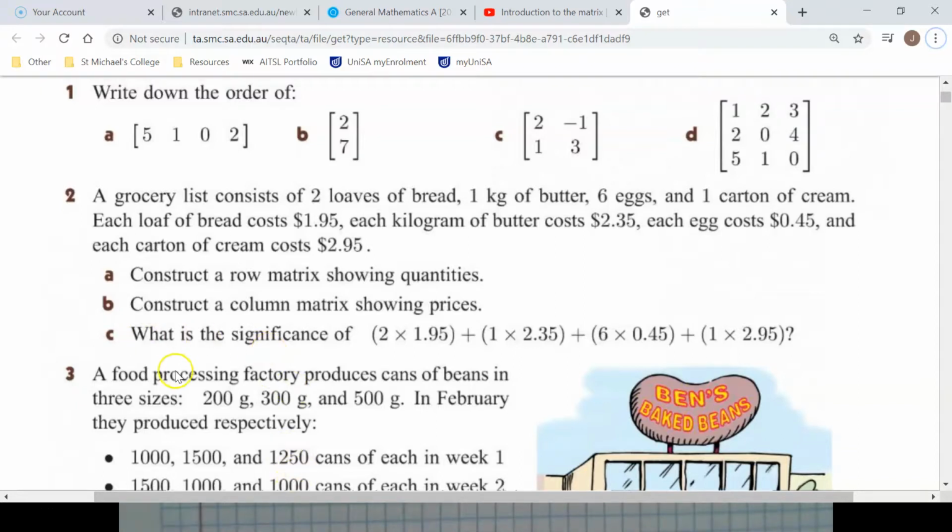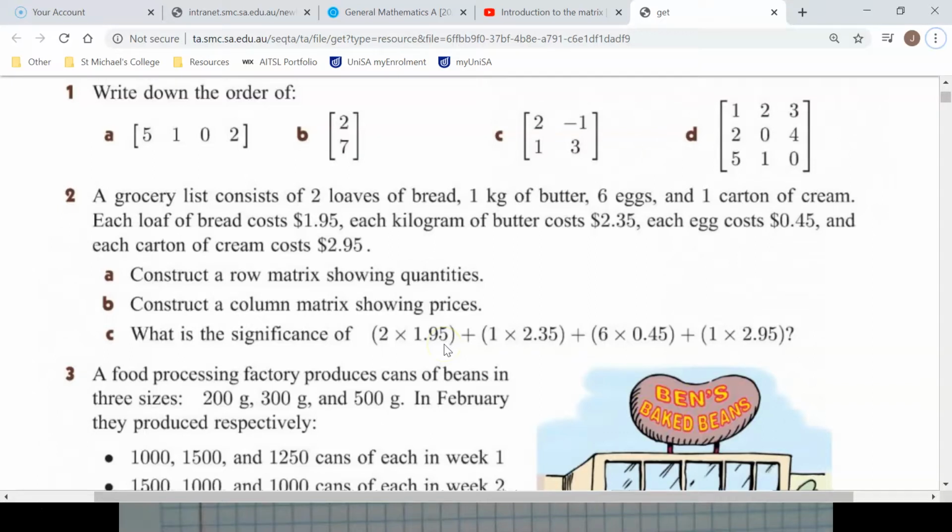Alright, and then this part C says, what is the significance of 2 times $1.95 plus 1 times $2.35 and so on? Can we all see what that there is showing us? Does that make sense why they'd be going 2 times $1.95?